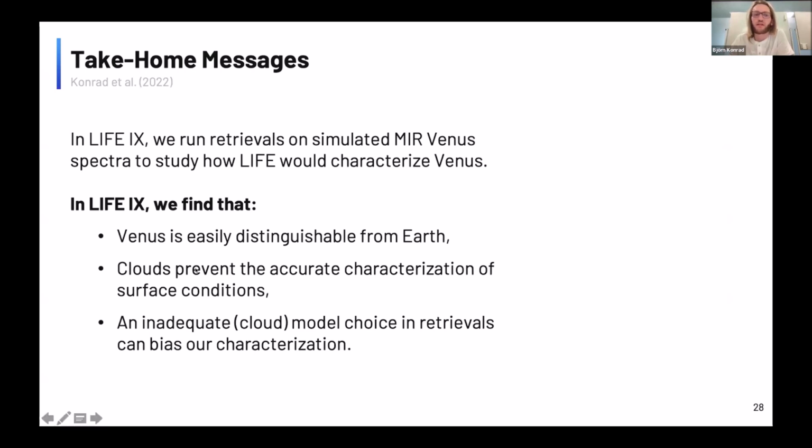We also see that clouds can prevent, and this is not really a surprise, the accurate characterization of the surface conditions of a terrestrial exoplanet, and an inadequate model choice, or also cloud model choice, in retrievals can significantly bias the characterization of an atmosphere. Okay, this is all I wanted to tell you, and I'm happy to take questions.